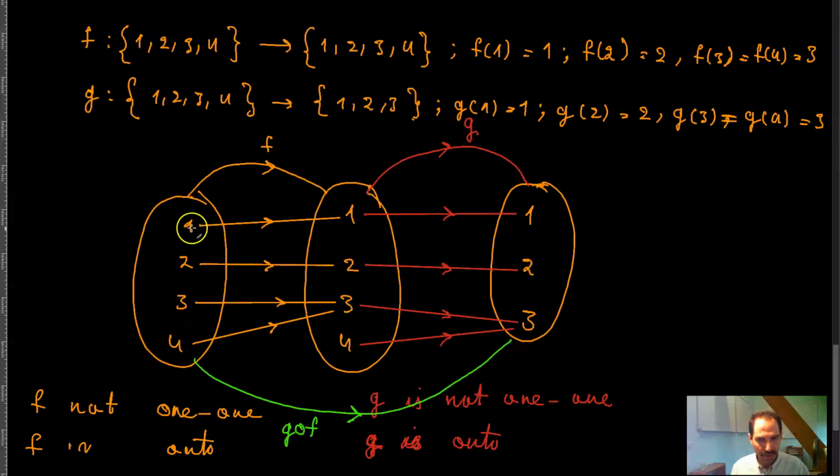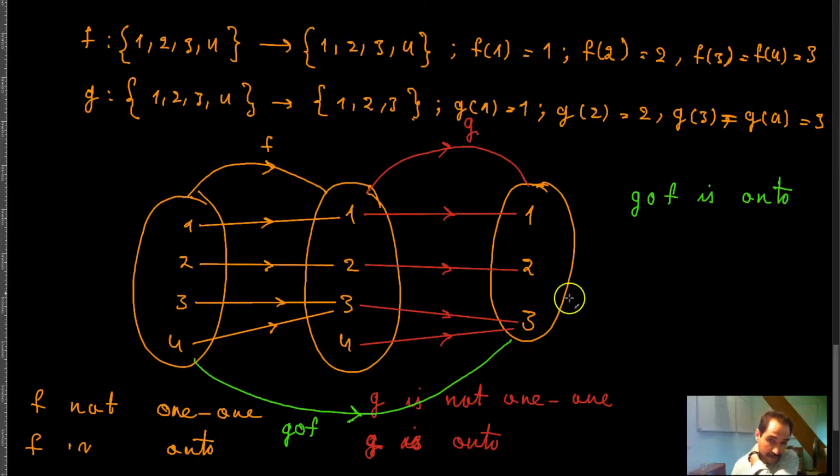So that means that g∘f of 1 is 1, g∘f of 2 is 2, g∘f of 3 is equal to 3, and g∘f of 4 is equal to 3. That means that g∘f is 1, 1. g∘f is onto, right? g∘f is actually onto.